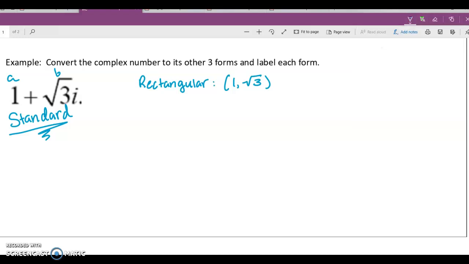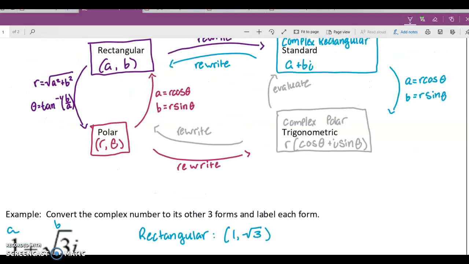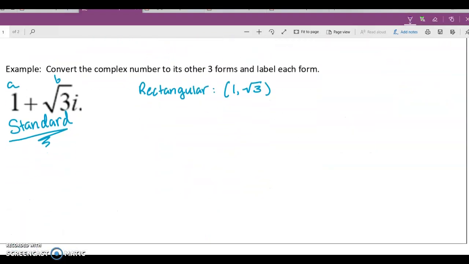All right. Now, next one that's easy, if we look up here, we can't really get from rectangular to trigonometric, so we're going to go from rectangular to polar. And again, you guys have already had a lot of practice with this. So to get to polar, we take r is equal to the square root of a squared plus b squared.